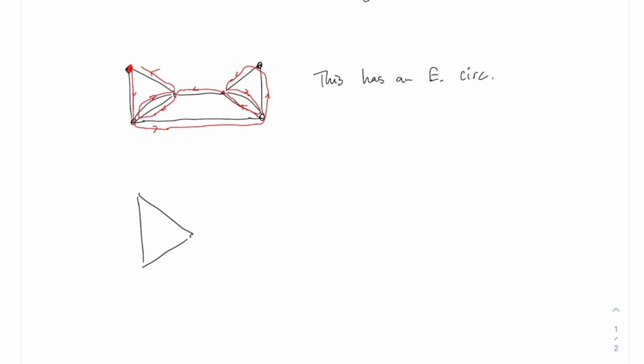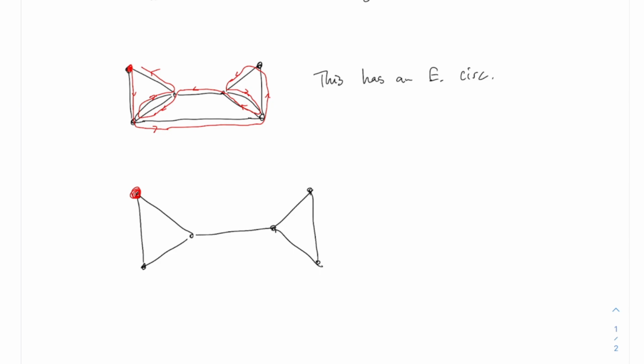For instance, if I just took this bow tie shape without the rest of it, is there an Euler circuit in this one? Can you start over here, cover every edge, and come back to where you started? I would say that can't be possible in this one. Can anyone give some kind of explanation?